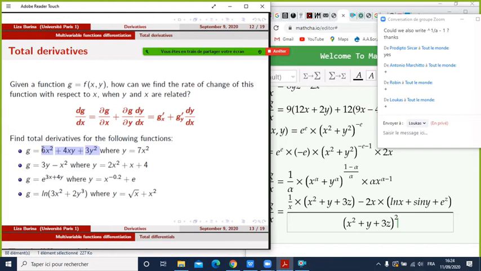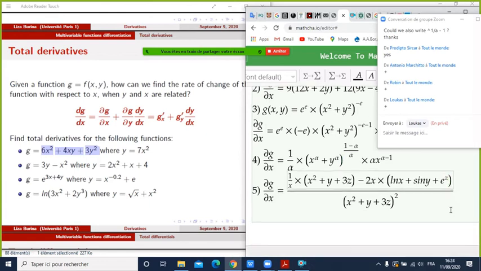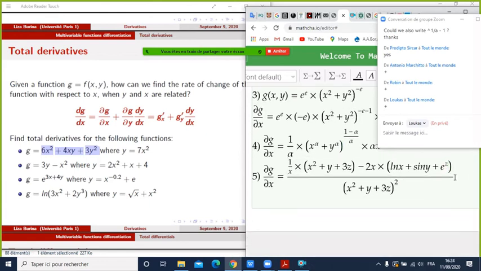So for the total derivatives part, total derivatives allow us to take into account that underlying relation between x and y and get the actual rate of change of the function when one of the variables is changing and also causing the change in the others.